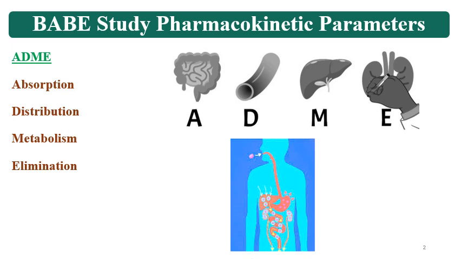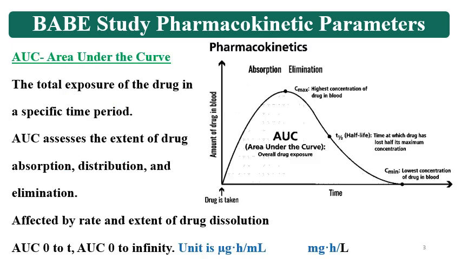So absorption from the intestine, distribution through the blood vessels, then metabolism mainly through the liver, and excretion mainly through the urine. Other routes of excretion and metabolism are also there. Our drug may get metabolized in different organs, but the principal organ is the liver. So absorption, distribution, metabolism and elimination are the pharmacokinetic stages.